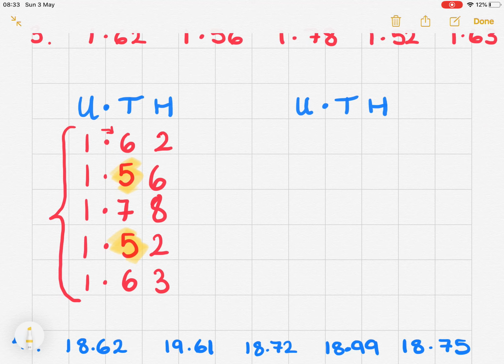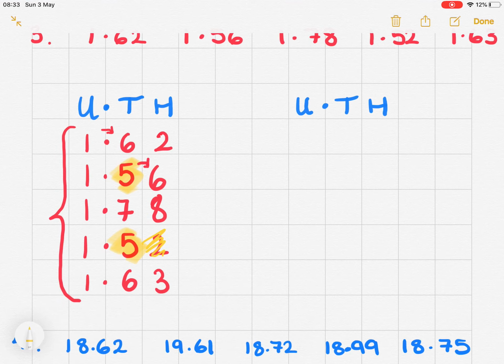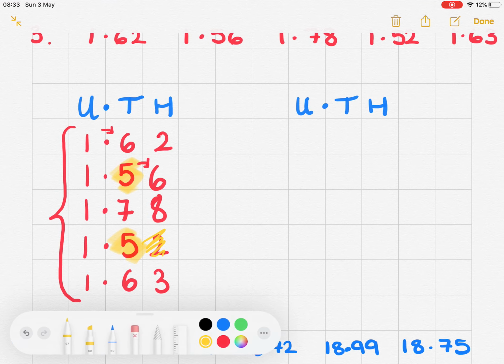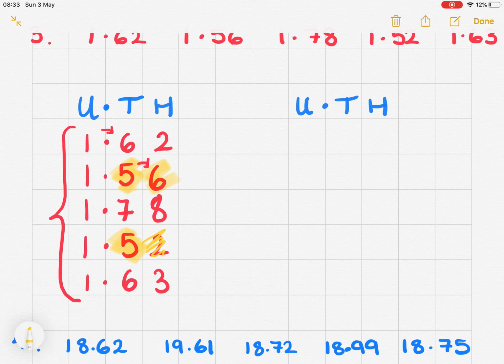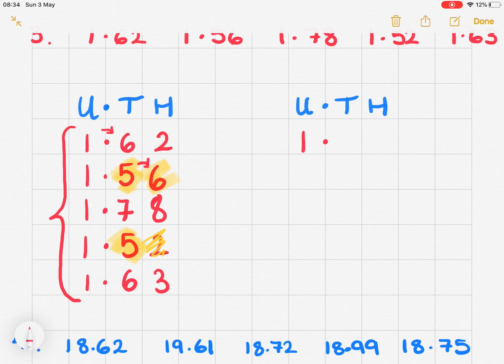So we've got 1.5, 1.5 on both of those, which means we then need to go into the third column, our hundredths, and check those values. So which one's smaller, 2 or 6? Okay, so 2 is smaller, which means that is going to be our smallest number, 1.52. And that means then we've got 1.56 after that.